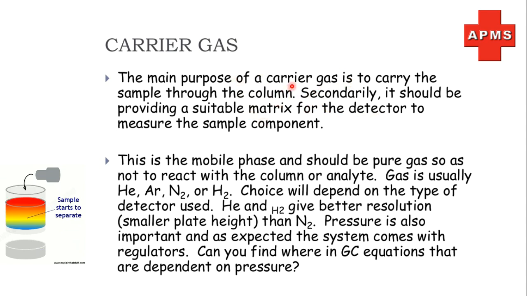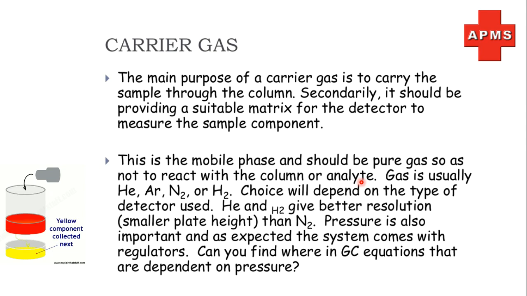So these are the two purposes: carrying the sample and also providing a suitable matrix inside the detector for the sample. This is the mobile phase. Obviously it is a mobile phase because it passes through the column inside the instrument as a gas phase, and should be a pure gas so as not to react with the column or analyte.